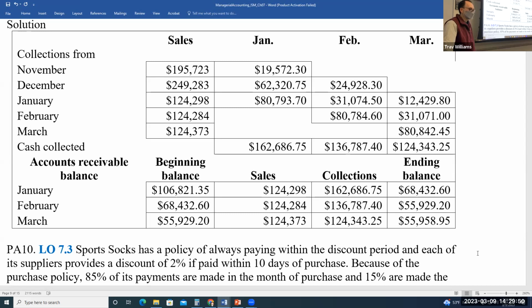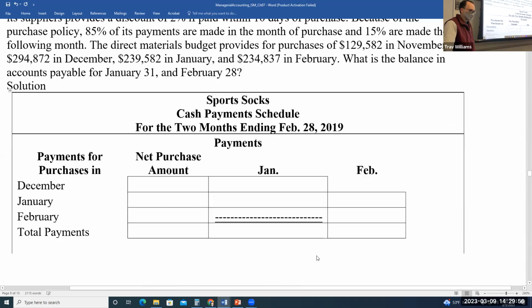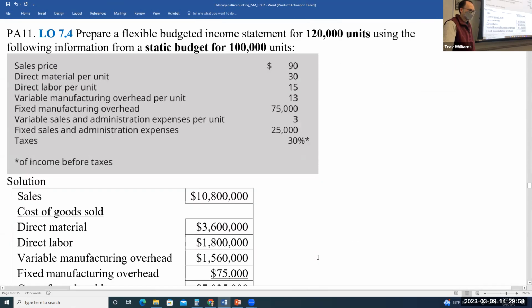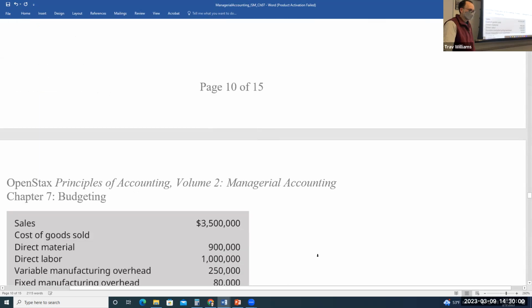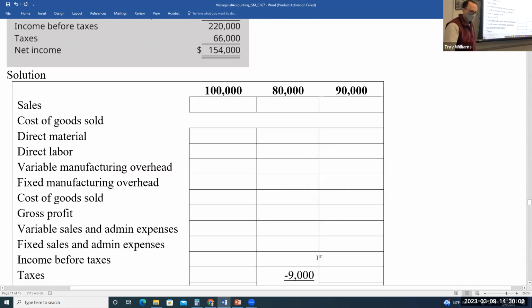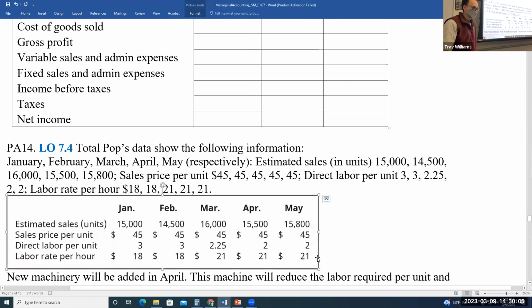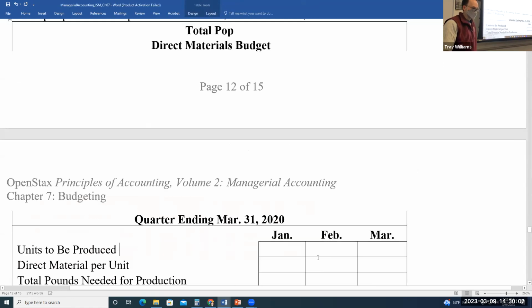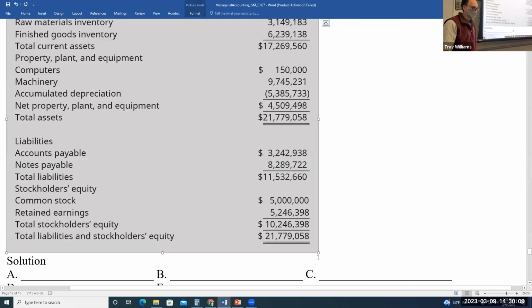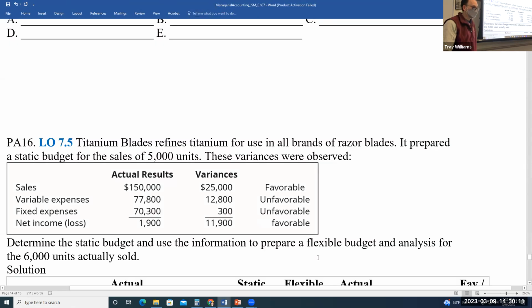All right, so we're done with 9. Next would be 11, I believe. 14, we did 11. Okay, so 14. Then we got 15. Oh, 15 is easy.